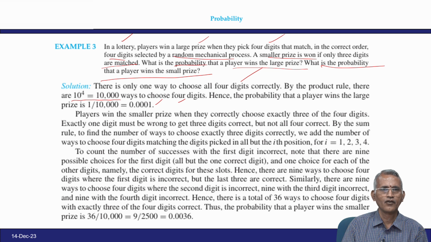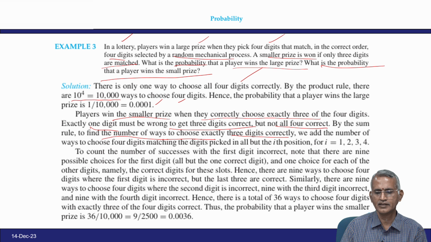Which is 0.0001. Now, further analysis: a player wins the smaller prize when they correctly choose exactly 3 of the 4 digits. Exactly 1 digit must be wrong to get 3 digits correct, but not all 4 correct. By the sum rule, to find the number of ways to choose exactly 3 digits correctly, we add the number of ways to choose 4 digits matching the digits picked in all but the ith position, for i equal to 1, 2, 3, 4.